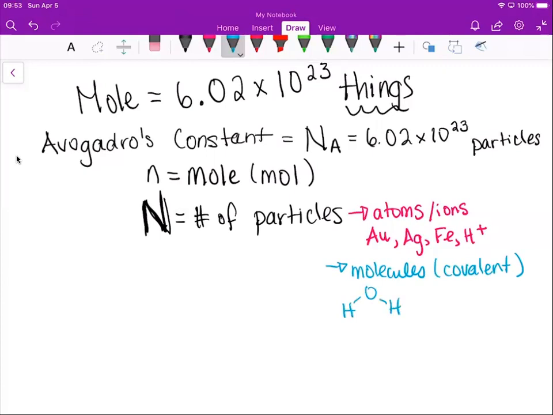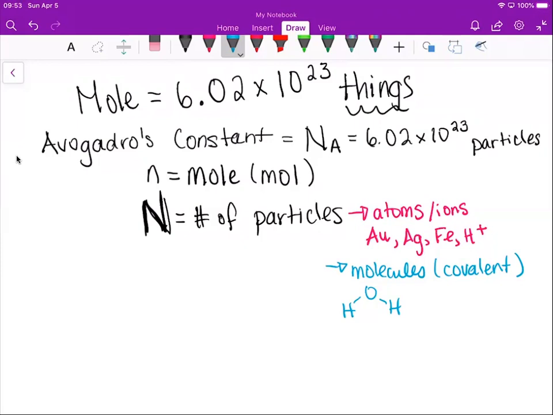I could say to you, you have 23 molecules of water. Within one molecule of water, there's 3 atoms. So 23 times 3 is 69. I have 23 molecules of water, or I have 69 atoms from the 23 molecules of water.